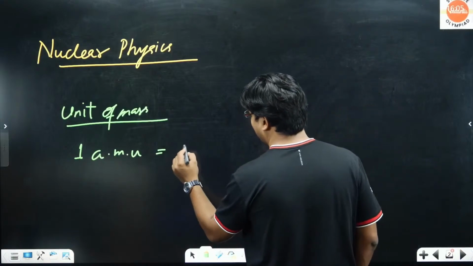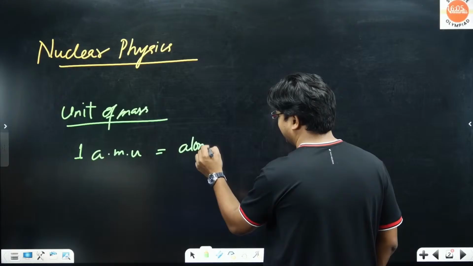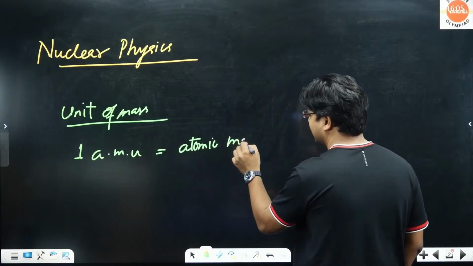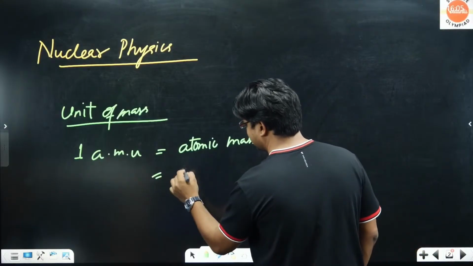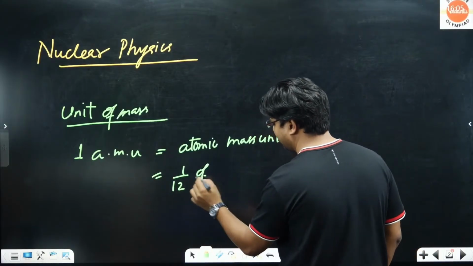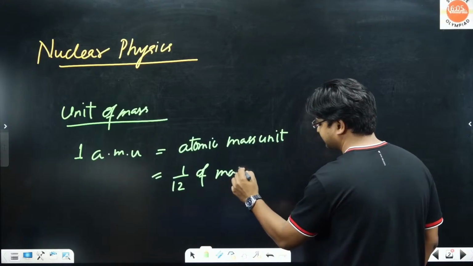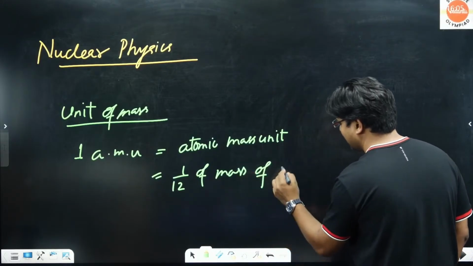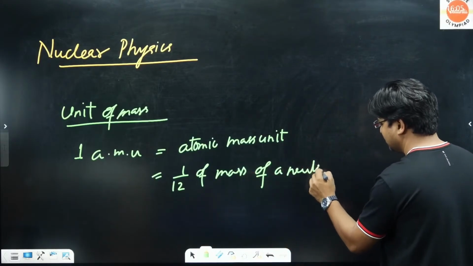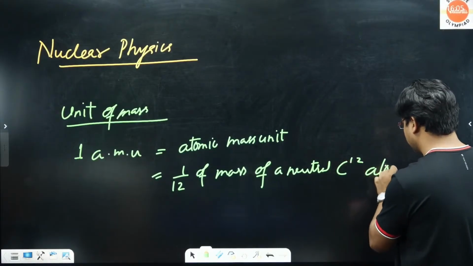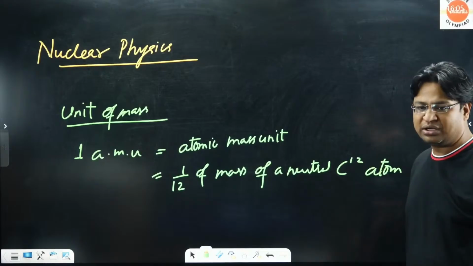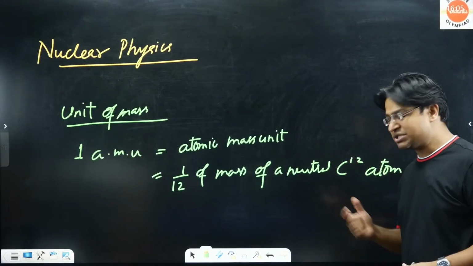So one atomic mass unit is what? Let me write the full form also. It is atomic mass unit. By definition, this is 1/12 of the mass of a neutral C12 atom. Now the C12 atom is the isotope of carbon, the mass number of which is 12.